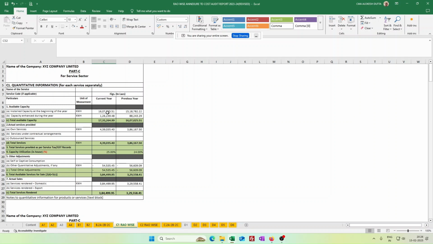In the coal industry, Form H is there. In other industries, some reporting standards are applicable. You have to take the quantitative figure from that. I am showing where this figure has come from.